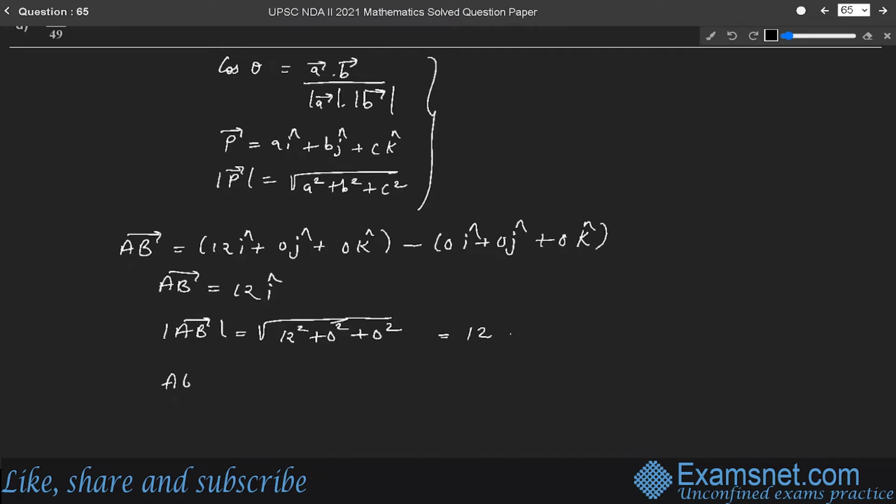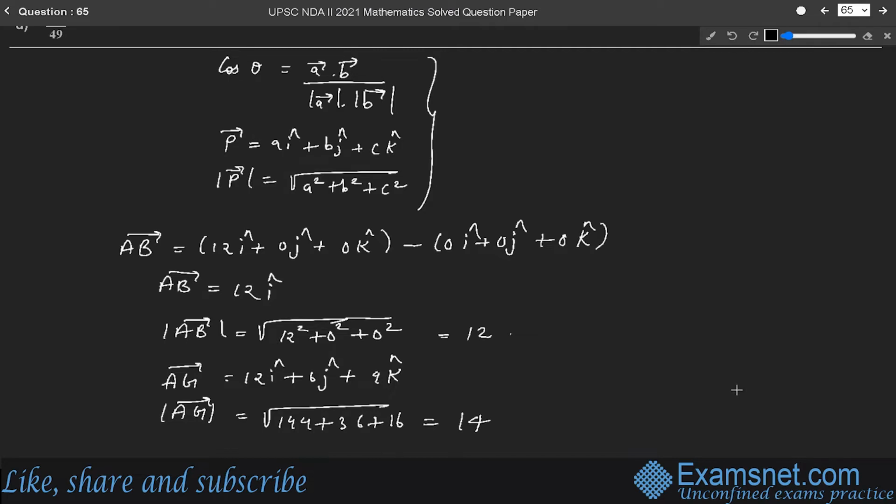Similarly, the position vector of AG is 12i cap plus 6j cap plus 4k cap, and its magnitude is the square root of 144 plus 36 plus 16, which equals 14.